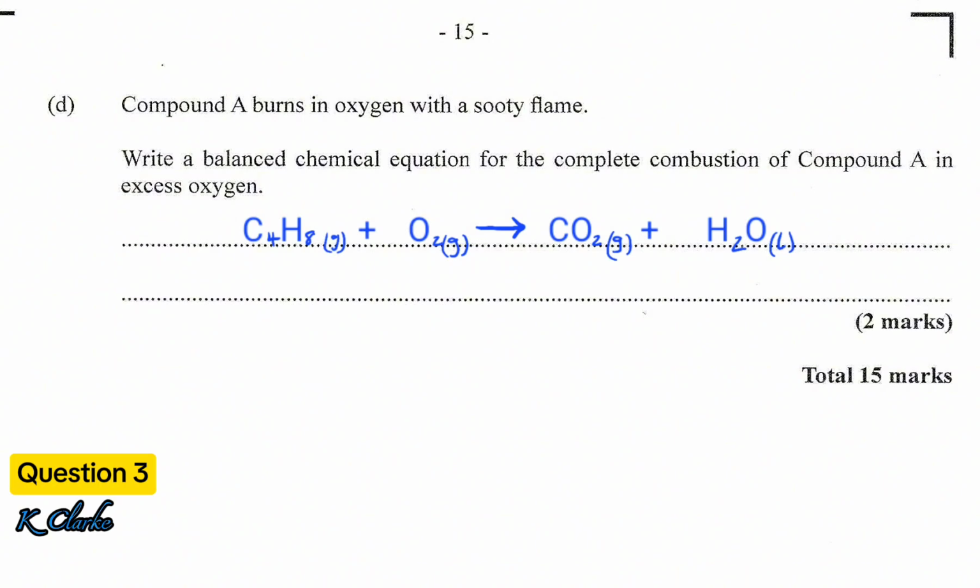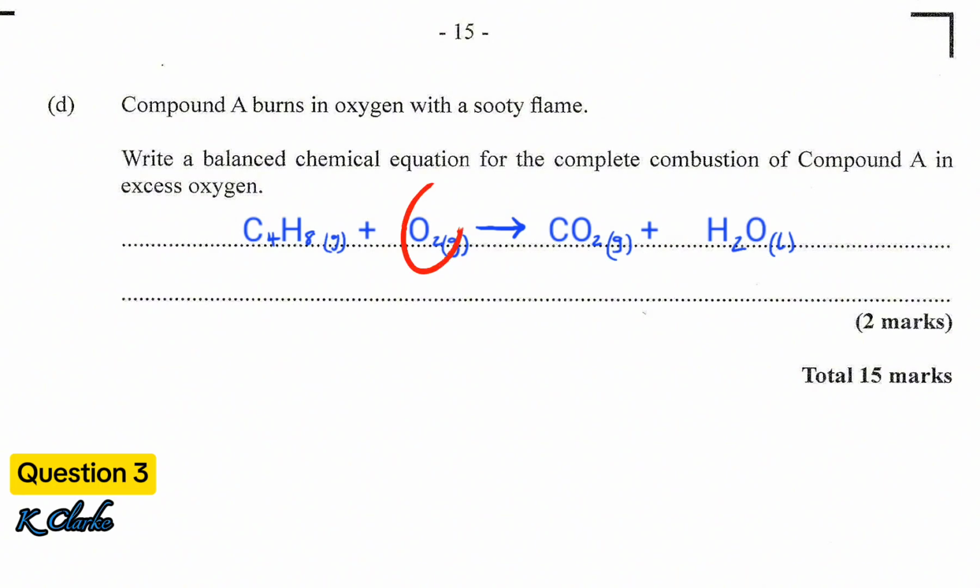This equation is not balanced since there are 4 carbons on the reactant side while 1 carbon on the product side. Also, there are 8 hydrogens on the reactant side while 2 hydrogens on the product side.